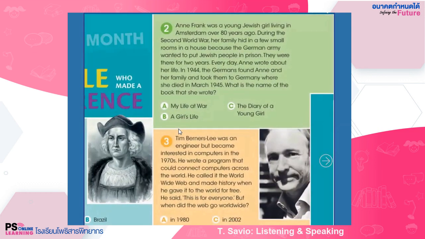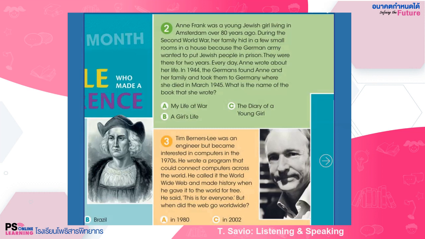Anne Frank was a young Jewish girl living in Amsterdam over 80 years ago. During the Second World War, her family hid in a few small rooms in a house because the German army wanted to put Jewish people in prison. They were there for 2 years. Every day, Anne wrote about her life.